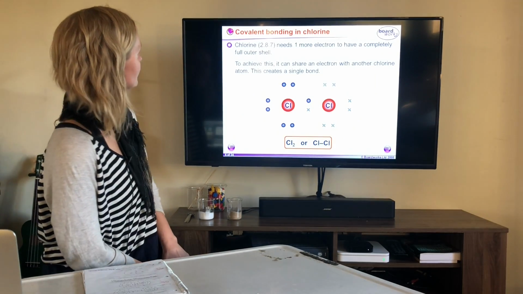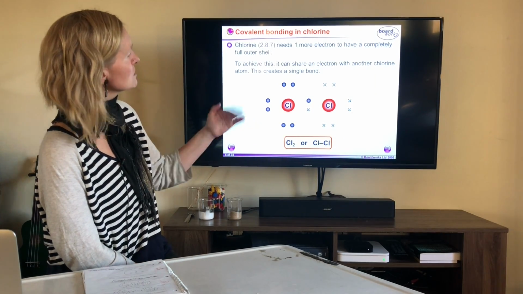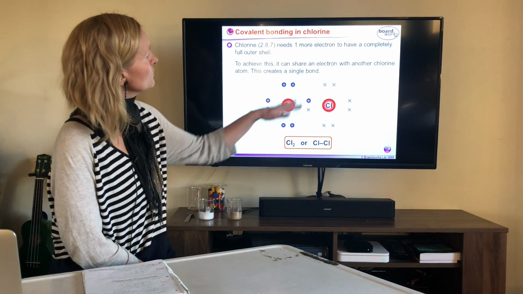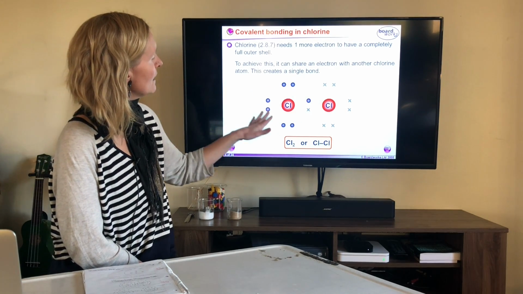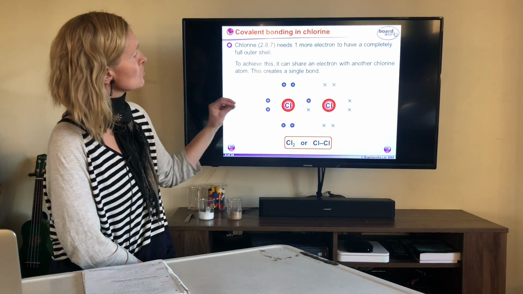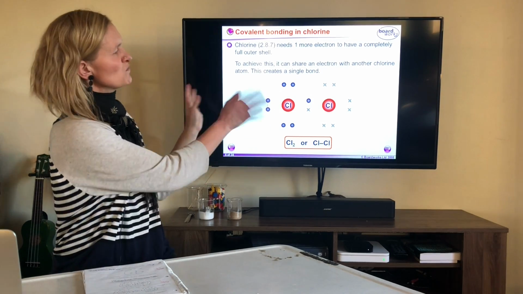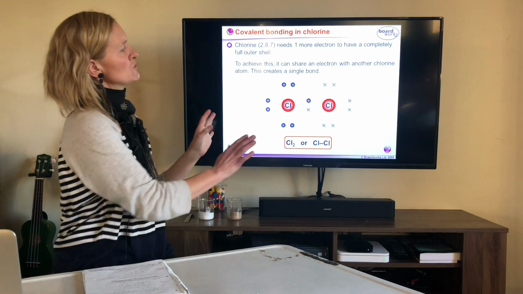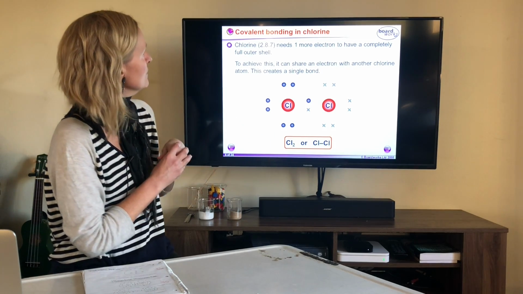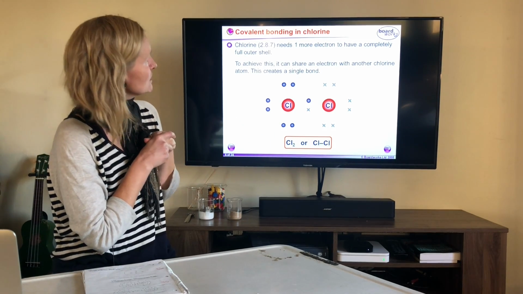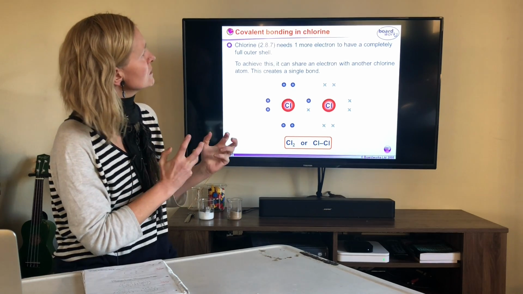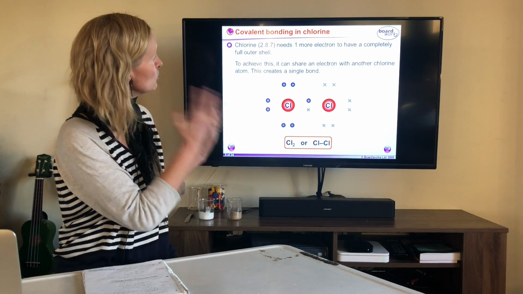Here we have an example of chlorine. We just looked at chlorine, and you'll notice in these atoms, they've only drawn the outer shell. They left the other shells out just to make it more simple. The chlorine we talked about needs one more electron to have that full outer shell.